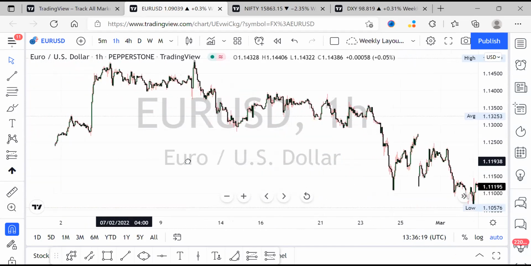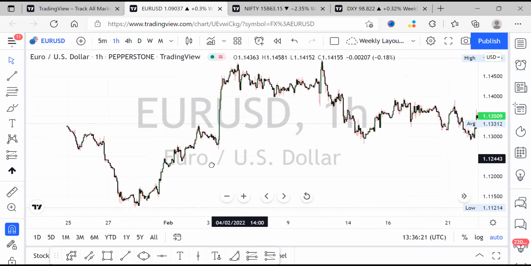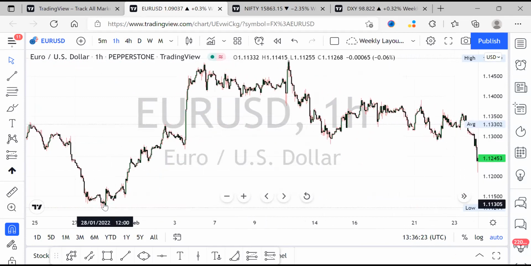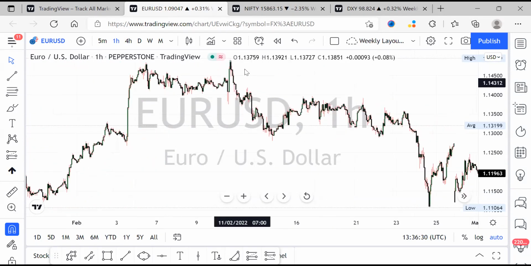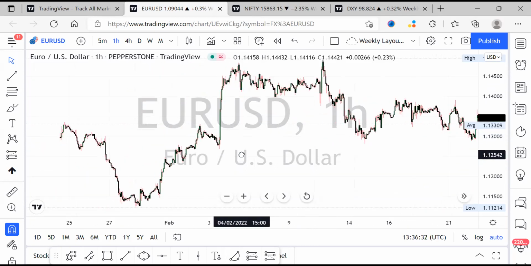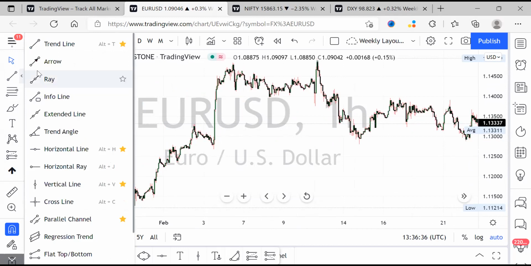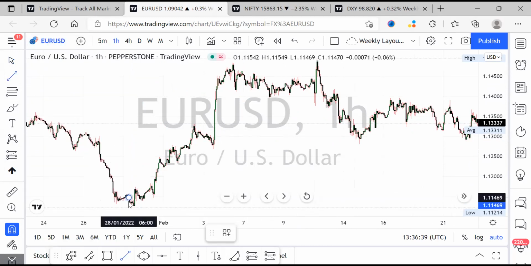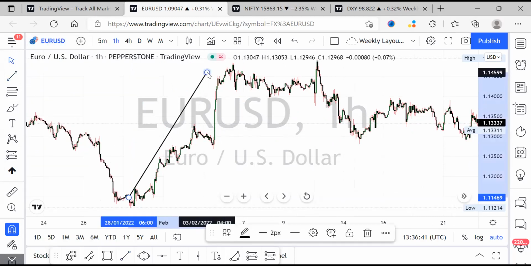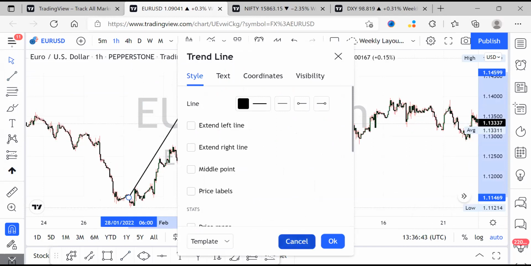So the first thing you need to understand, this is only for the new people, is understand how price goes up, price goes sideways, then price goes down. If price goes up, how does it behave? And if price goes sideways, how does it behave?